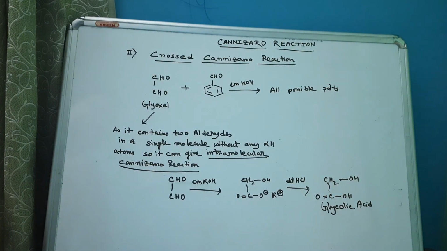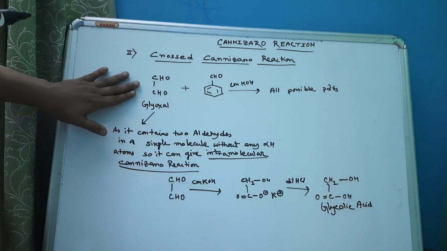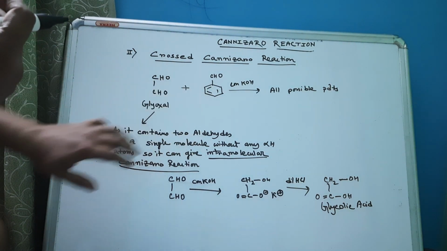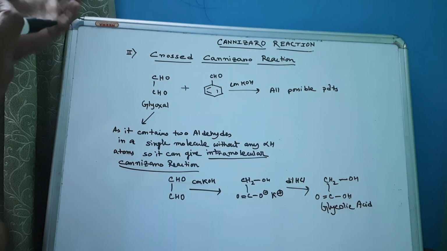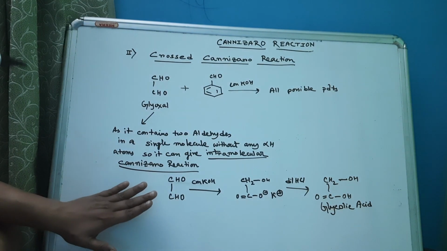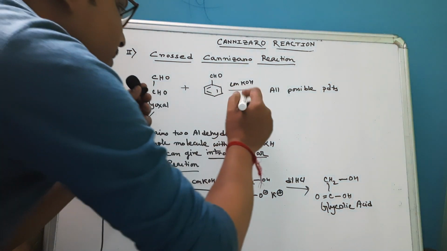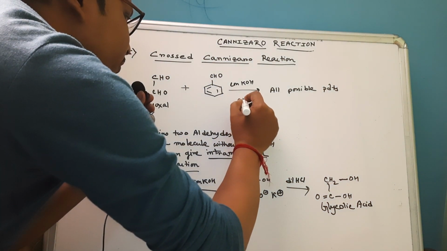Okay, so in our present example, not only glyoxal is present itself, but with the glyoxal molecule, benzaldehyde is also present. So all possible products will be formed. The intramolecular product will also be formed, and with this intramolecular product, other intermolecular products will be formed.